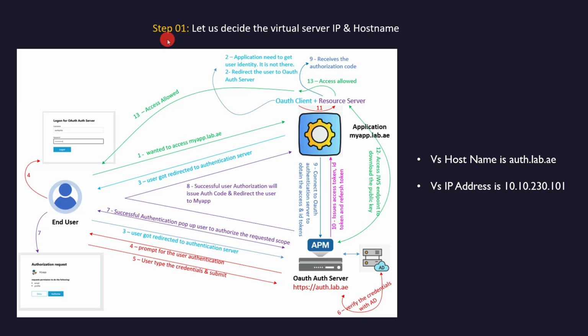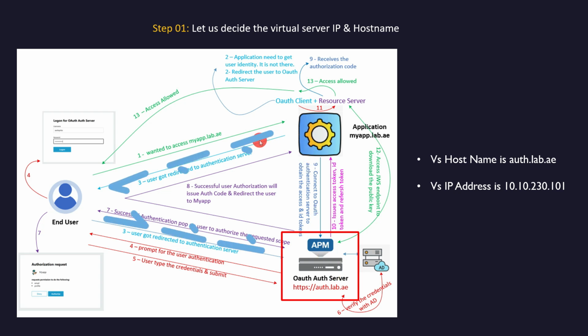Step 1. Let us decide the virtual server IP and hostname. The virtual server plays a critical role as it functions as the OAuth authorization server. Let us have a quick look at what it does. It gets the request from the OAuth client through the user browser. Also, it asks the user to log in and checks their credentials.